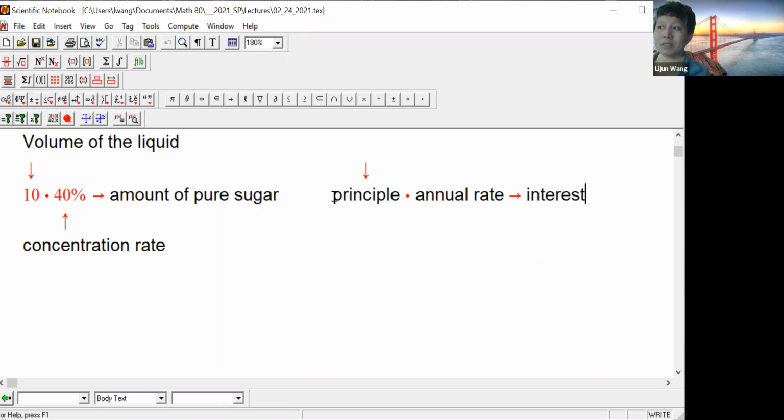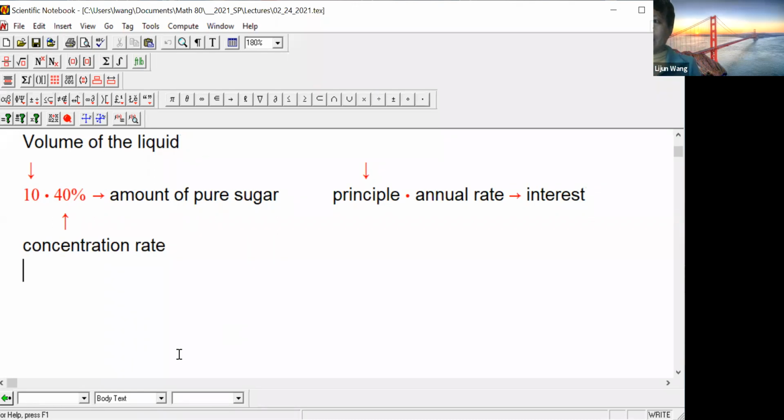In the investment situation, the rate multiplied by principal, at which you invest at this rate, you get interest. In this case, you take a volume, and instead of calling it principal, we call it volume of the liquid, multiplied by the concentration of the liquid, and we get the amount of pure sugar. So it's really the same concept. It's really the same idea.